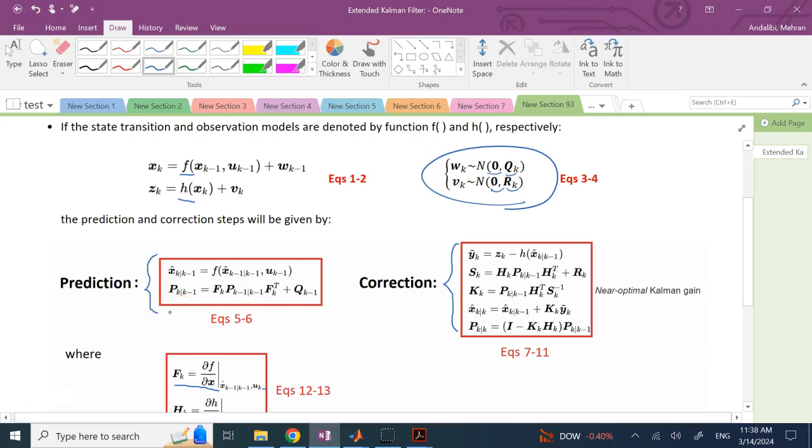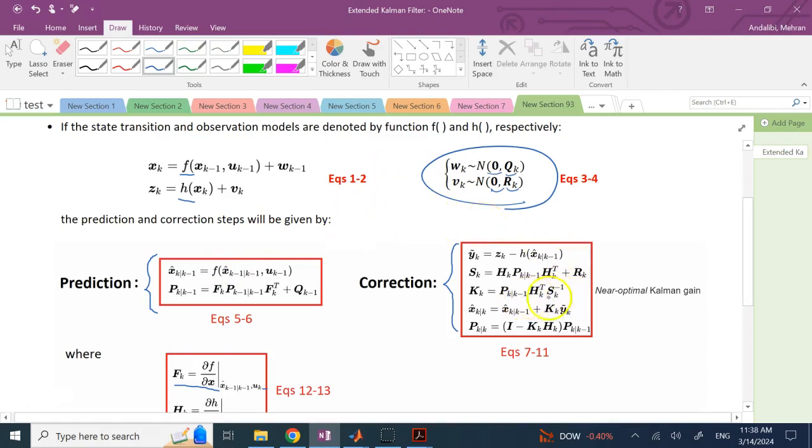So we basically break down the nonlinear function into small patches of linear behavior, and for each one of those small patches, we use a linear transformation of Gaussian.